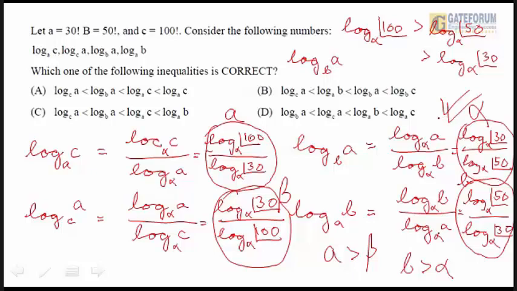The smallest is not this. This will be the second smallest, because this is alpha, and alpha is greater than beta, which will be the smallest. So log of A base C would be the smallest. Log of A base B will be the largest. After that will come this one, log of C base A.